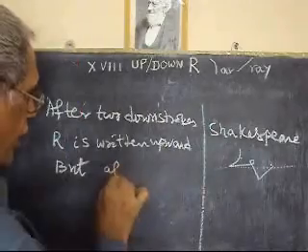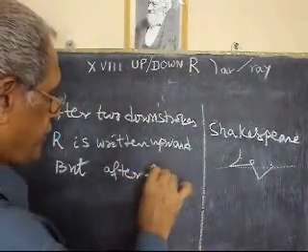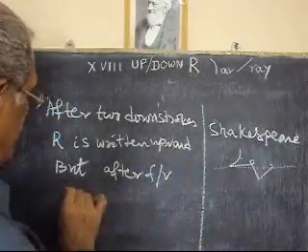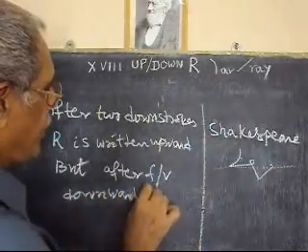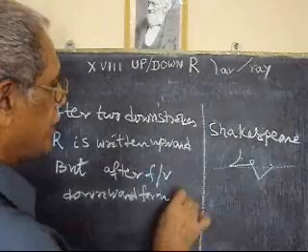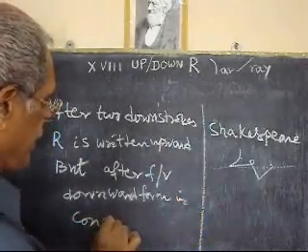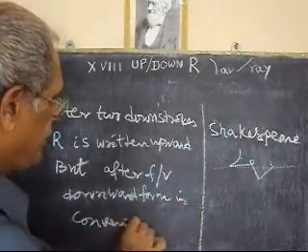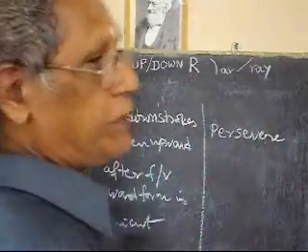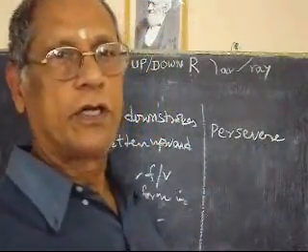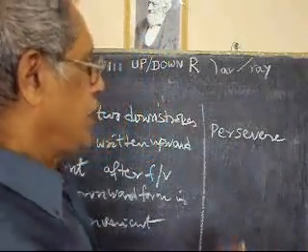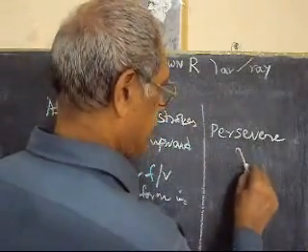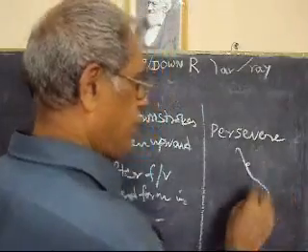But after F or V, the downward form is convenient. See, we said after two downstrokes, the upward form, that is ray, is written. But in such cases, persevere.